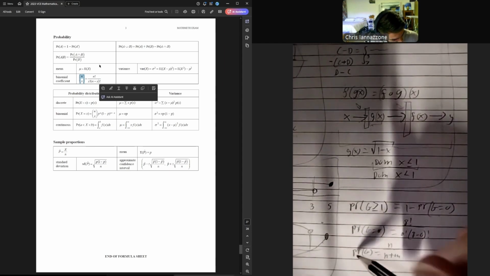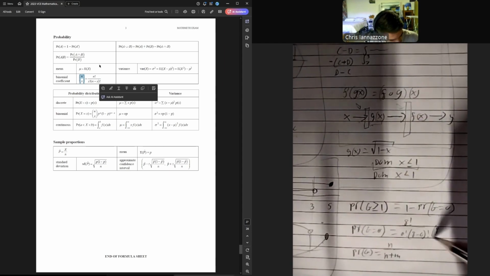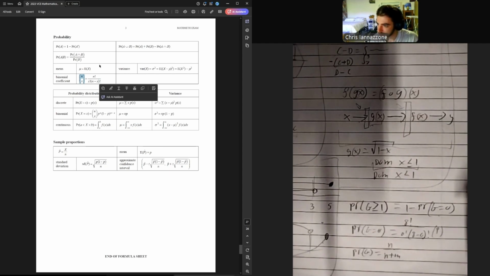I'm just going to use p so we don't have to rewrite the same thing a lot. x is going to be 0, so p to the 0 is 1. Then 1 minus p, with n minus x being 8, goes to the power of 8. That's just 1, and this will also just be 1, because 0 factorial is 1 and 8 minus 0 is 8.